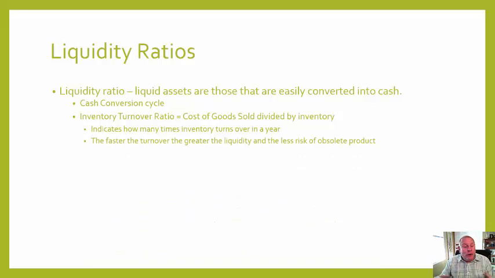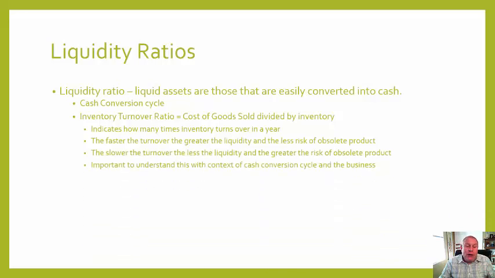The faster the turnover, the greater the liquidity you have, because you can liquidate these assets faster, they're more easily converted to cash, and there's less risk of obsolescence. The converse is also true. But it's important to understand this inventory turn within the context of the cash conversion cycle and the business.